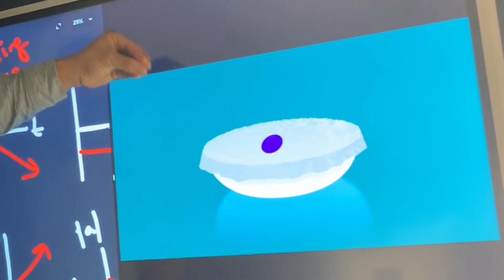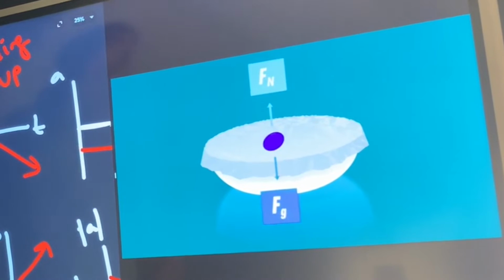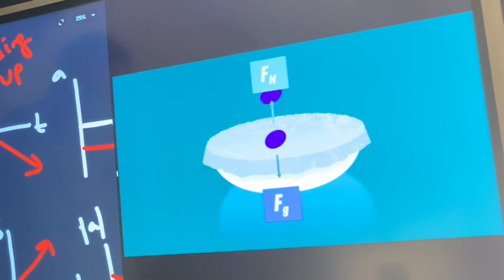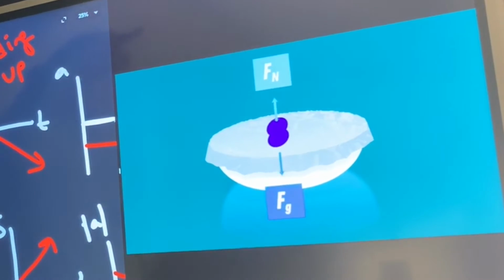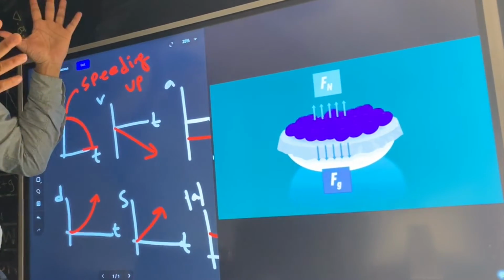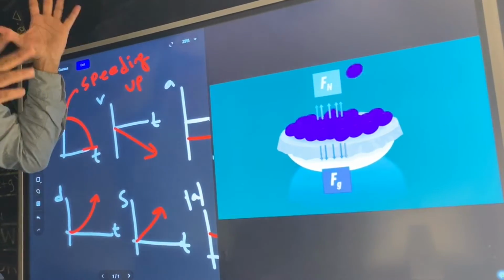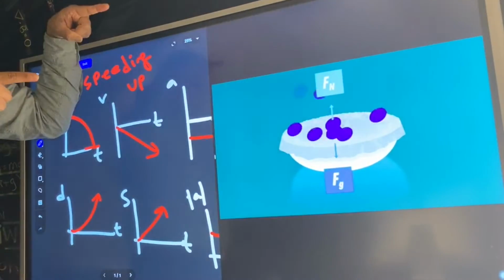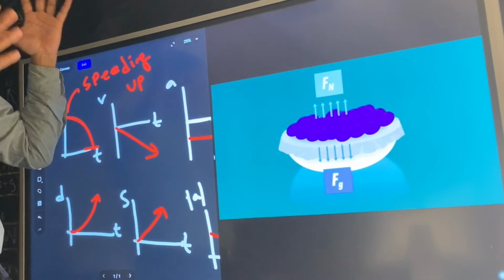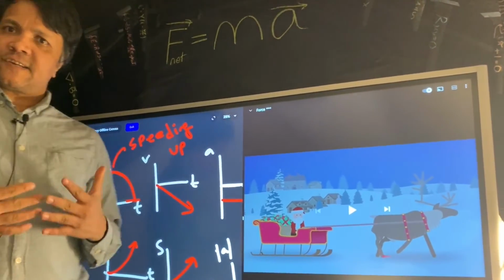If you put one grape, then the gravitational force and normal force are equal in magnitude and opposite in direction. 2 grapes is still the same, 3. But if you put lots of grapes, the normal force will give up, and the foil will break. This is another example of Newton's third law. Newton's third law talks about action and reaction forces.